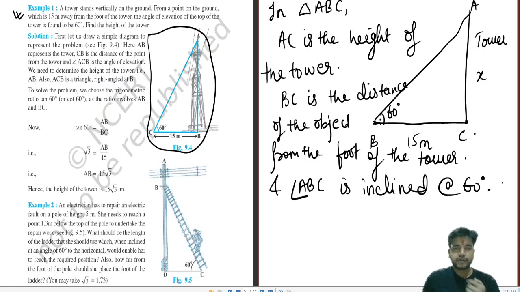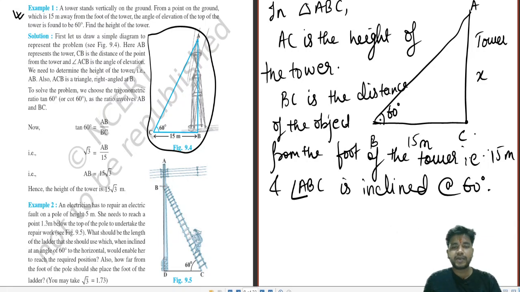Okay, so these are all the things. It is mandatory to be written by you. You can't skip these things. BC is the distance of the object from the foot of the tower, that is 15 meters. Obviously it is given, so you have to write it.